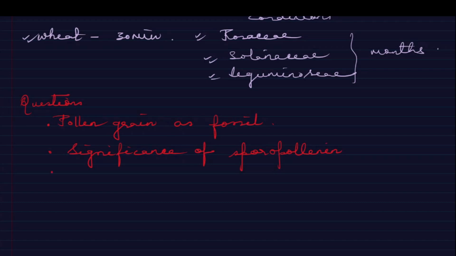Next, the significance of pollen grain. Next, germ pore. Where is the sporopollenin absent? Germ pore. In the previous day also, which I discussed, microsporogenesis, pollen tetrad, then microsporangium, function of tapetum.